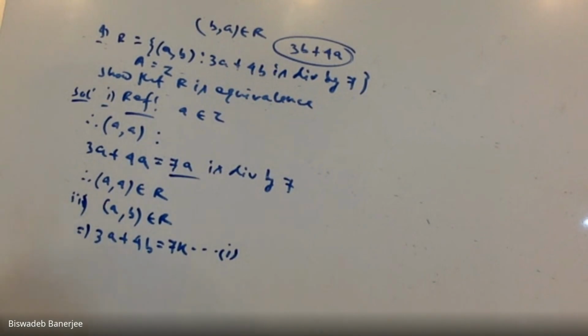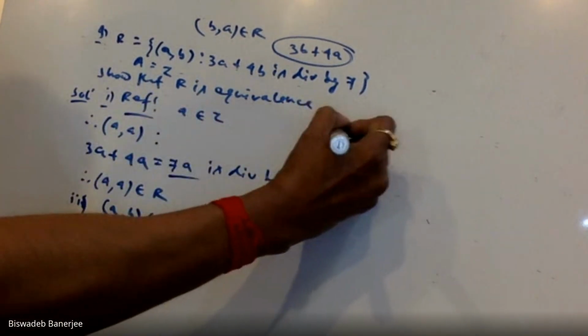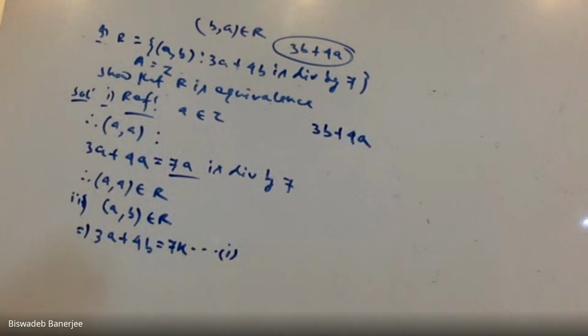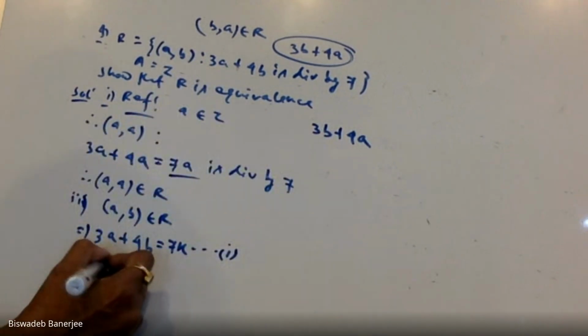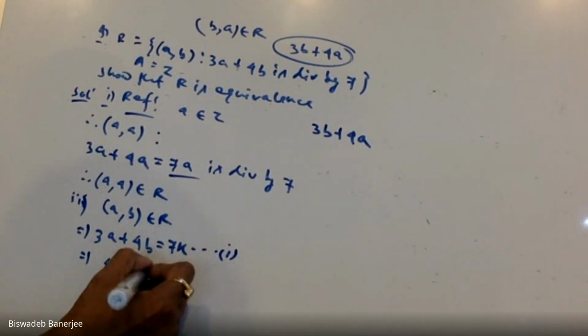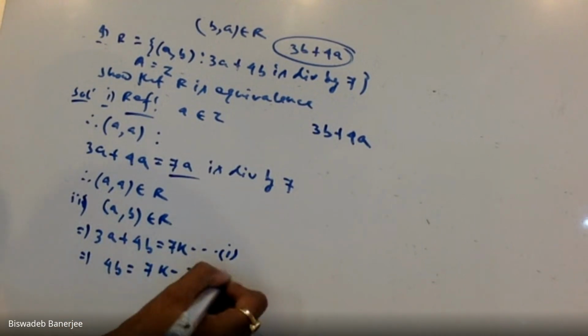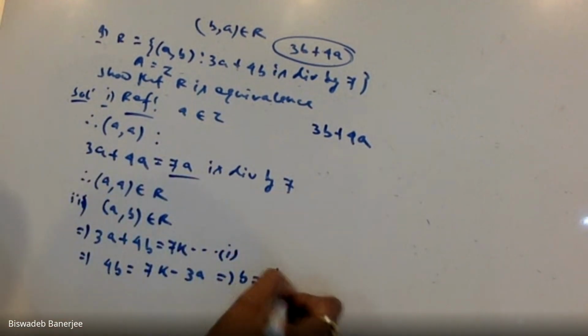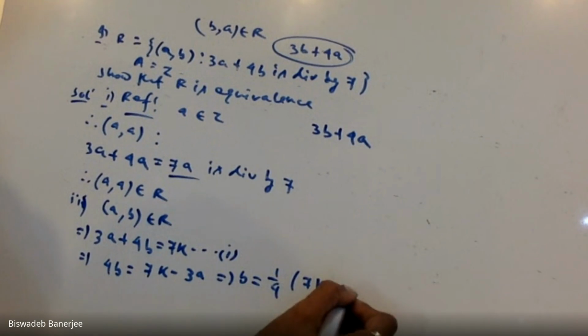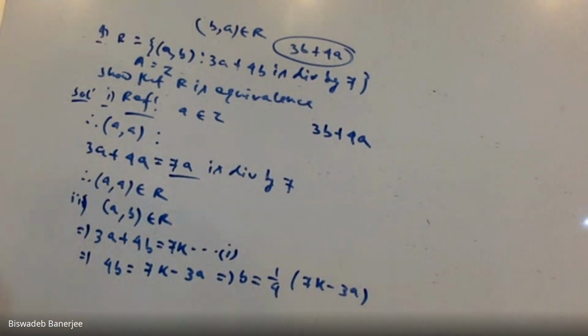How can we check this? Start with 3b plus 4a. Now see that from this relation, we can find the value of b. We can write 4b equal to 7k minus 3a, giving b equal to 1 by 4 times (7k minus 3a).